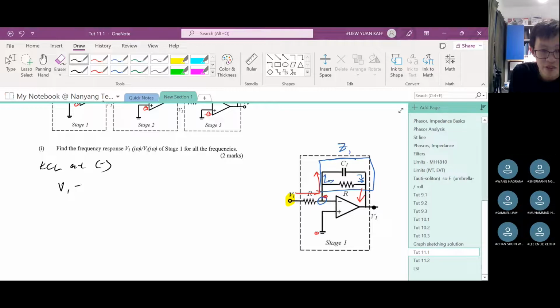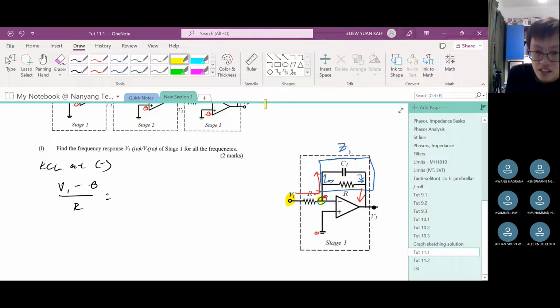But we already labeled V minus as 0, so just put in 0, divided by the resistance, which is R, equals the current going out. The current going out is this one up here. It goes through the capacitor and the resistor, and flows back out here.